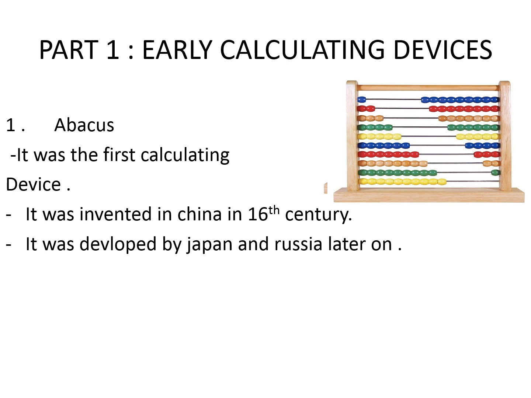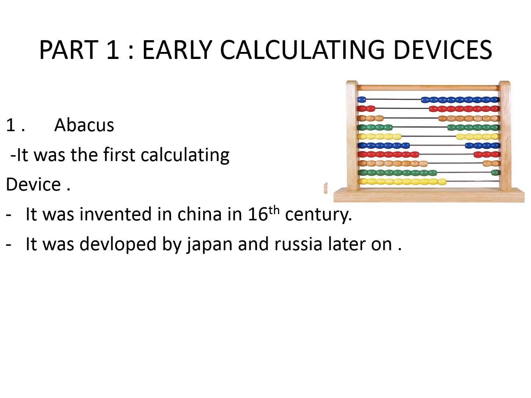In short, you have to keep in mind that the abacus was the first calculating device. It was invented in China in the 16th century. Which century is this, by the way? Do you know it? It is the 21st century, and the abacus was invented in the 16th century.